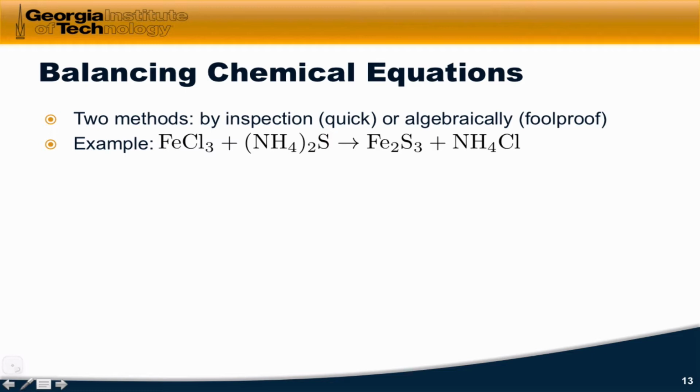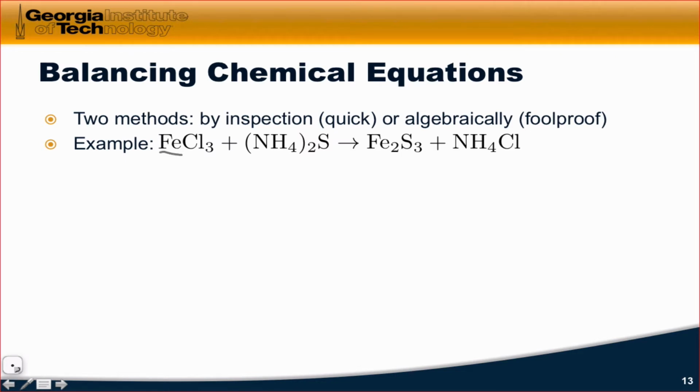In this reaction, iron(III) chloride reacts with ammonium sulfide to form iron(III) sulfide and ammonium chloride. Where I like to start when balancing chemical equations is to look for elements that appear in only one reactant and one product, on both sides of the equation. So iron jumps out as a good candidate here.